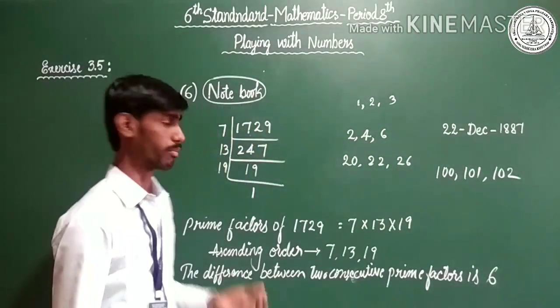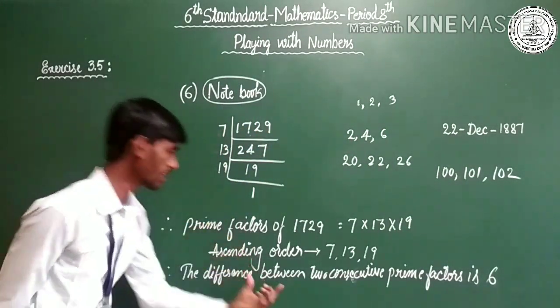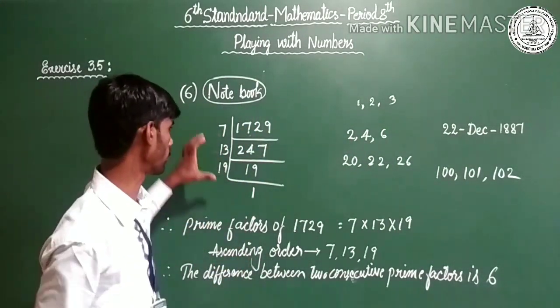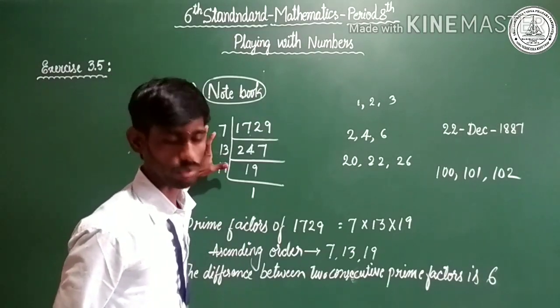Why is it 6? Because the difference is 6. This is the final statement, the relationship between consecutive prime factors.